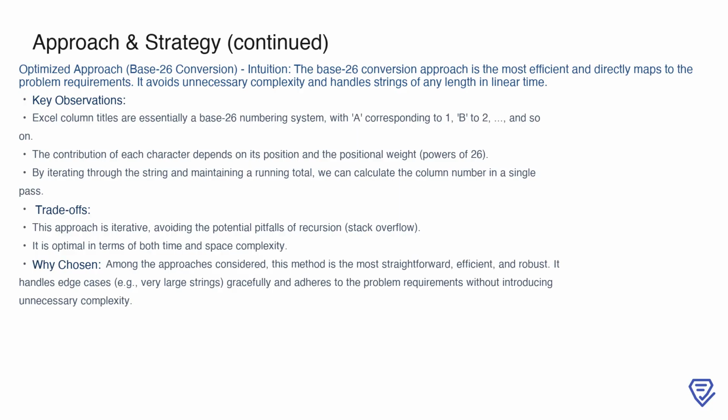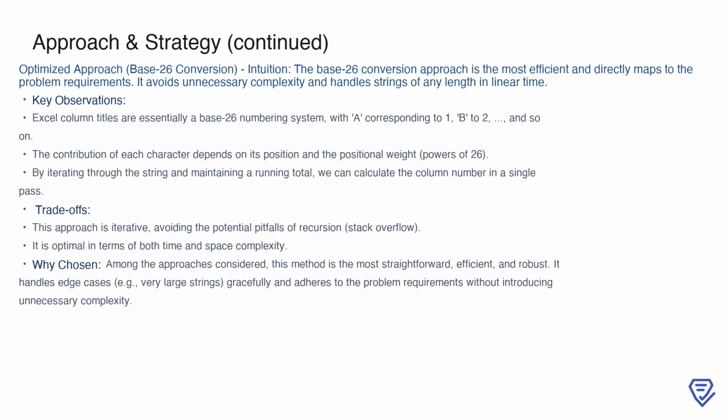The key insights here are that Excel column titles represent a base 26 numbering system, where each character contributes to the total based on its position and a corresponding positional weight, which is a power of 26. By iterating through the string and maintaining a running total, we calculate the column number in a single pass. This iterative approach avoids the potential pitfalls of recursion, such as stack overflow, and ensures that the solution is both time efficient and space efficient.